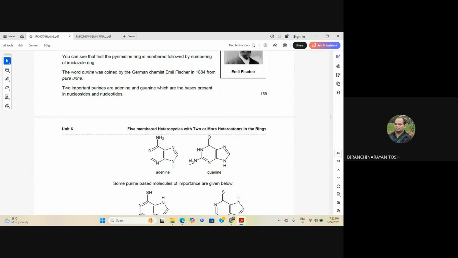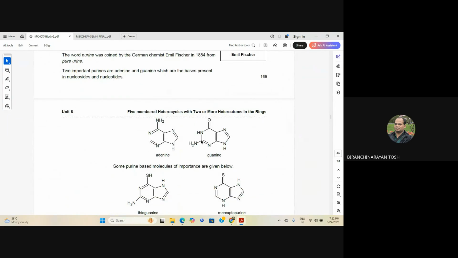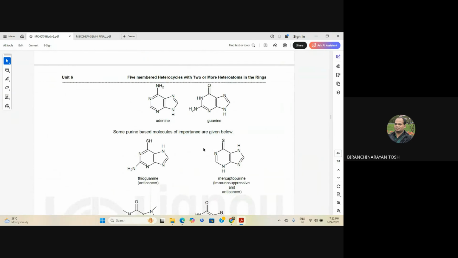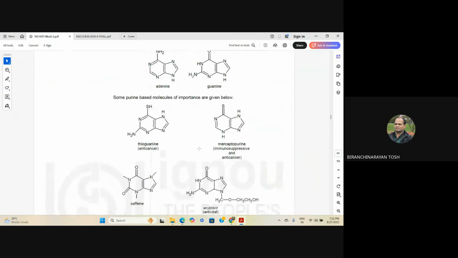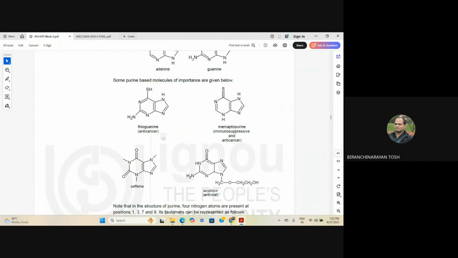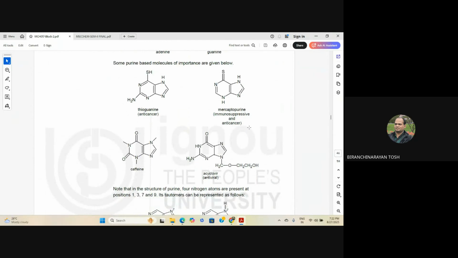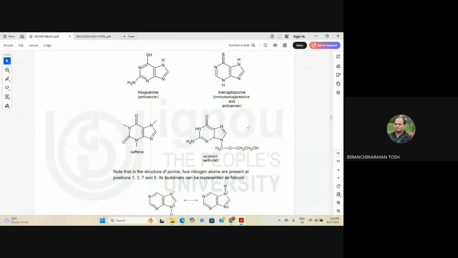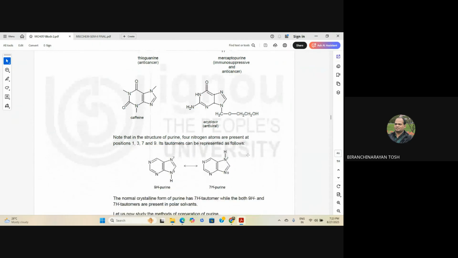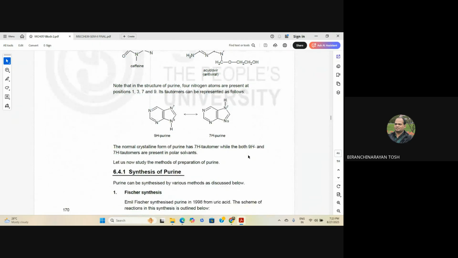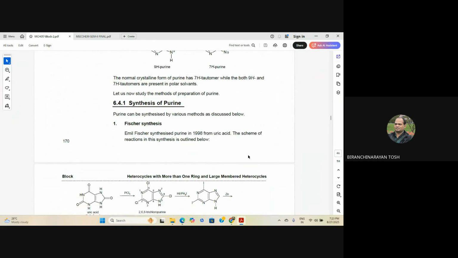The structure of adenine and guanine. Some purine-based molecules of importance are given here as anti-cancer, immunosuppressive, caffeine, antiviral drug. So now moving toward the synthesis.